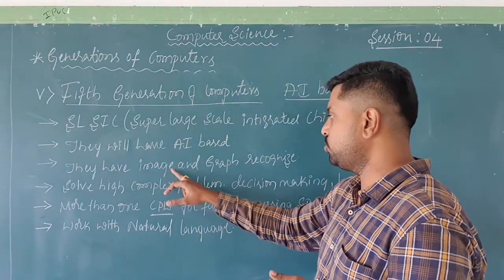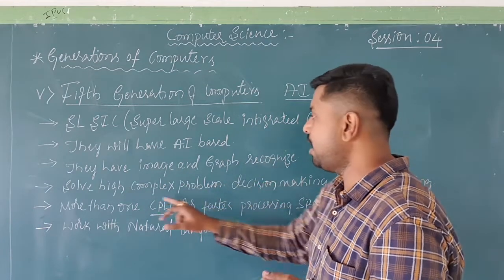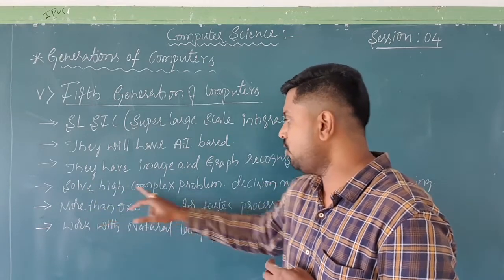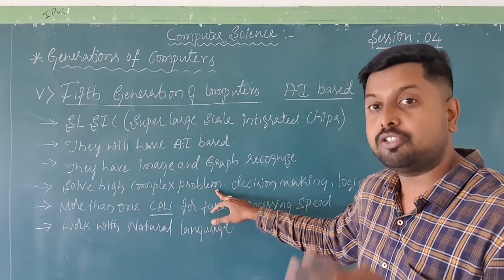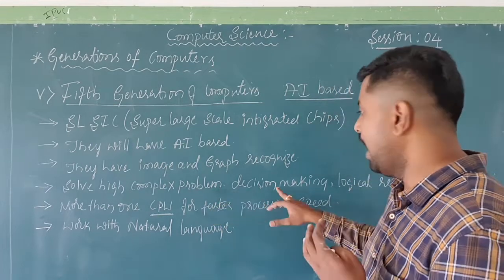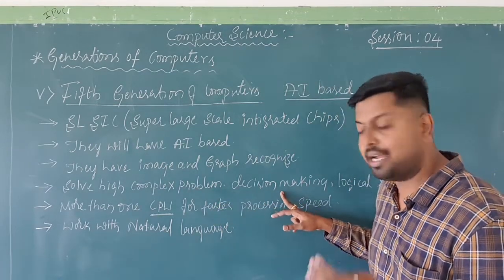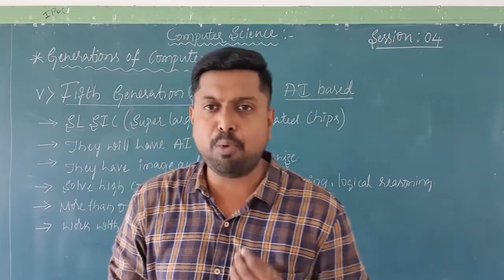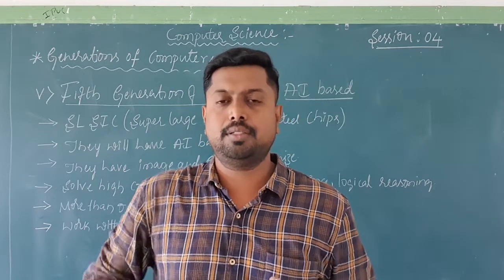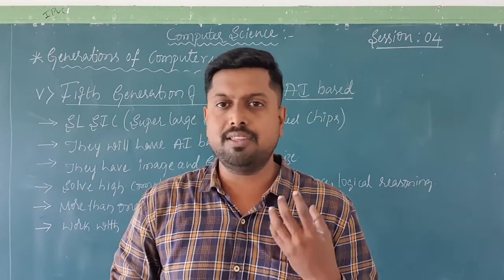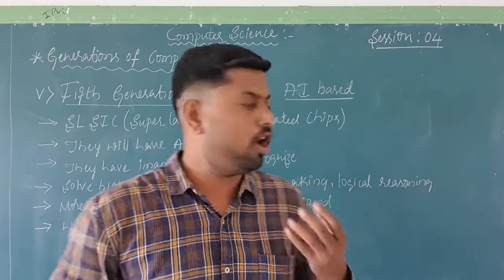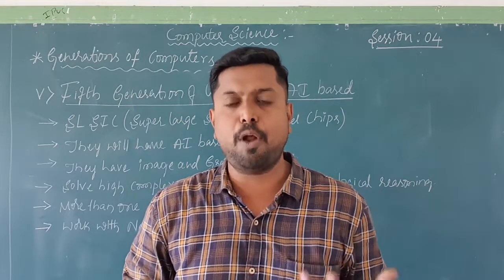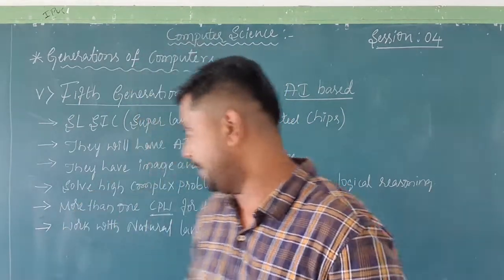Also, in the fifth generation of computers, it will solve highly complex problems, and it has decision making and logical reasoning. These three are very important concepts for solving a problem. So this is a property of the fifth generation of computers.